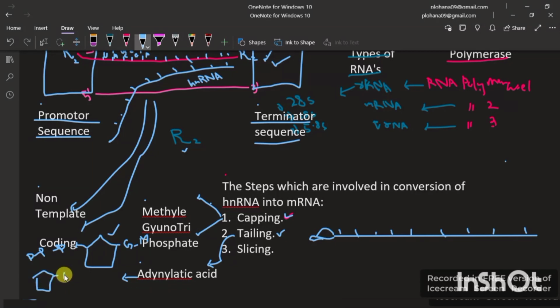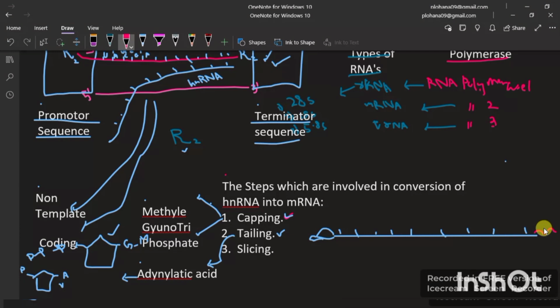Here we have adenine, which is a nucleotide, and here we have only one phosphate group. Alright, so this is the structure of this. And here the tailing will be done of this adenylatic acid. Alright, so here I'm just going to make the tail of this.